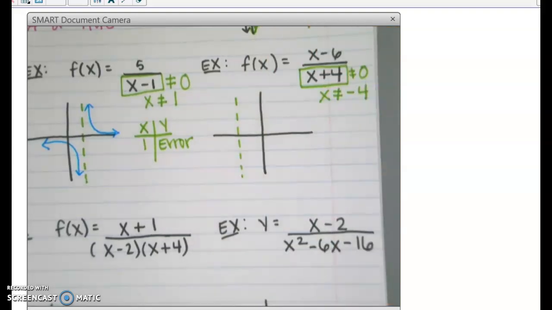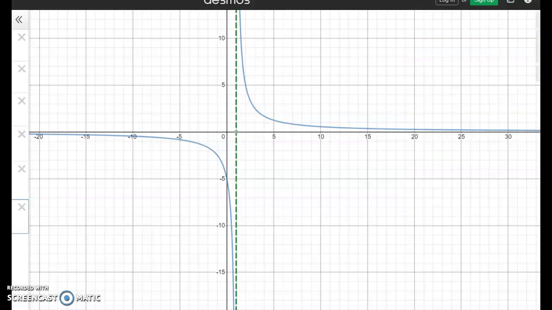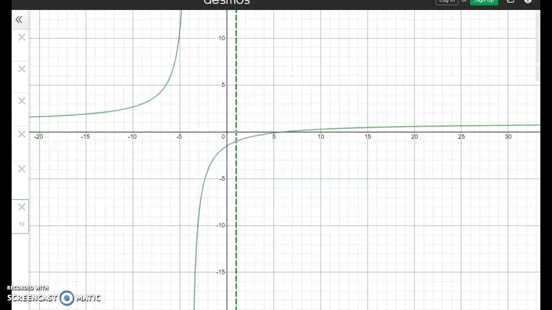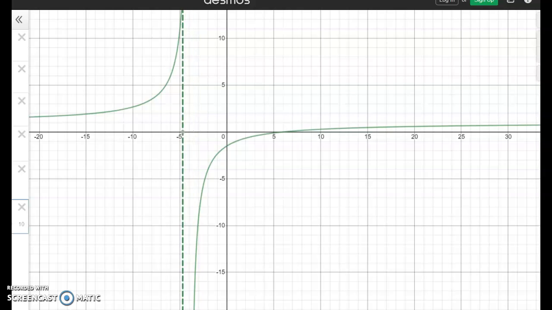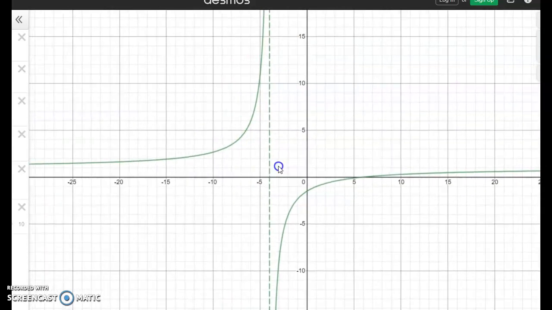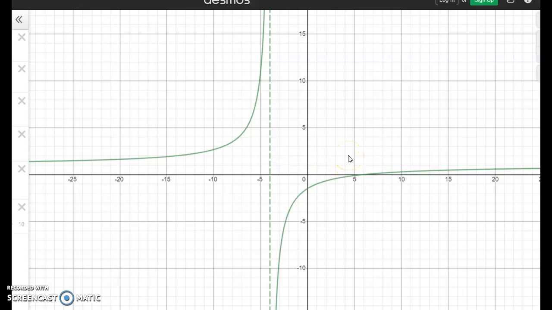So I'm going to pop over to Desmos so we can see what that looks like. If I make my vertical asymptote go to negative 4, sorry, they're both green, but you can see that dotted line is my asymptote, and it is separating the two sides.